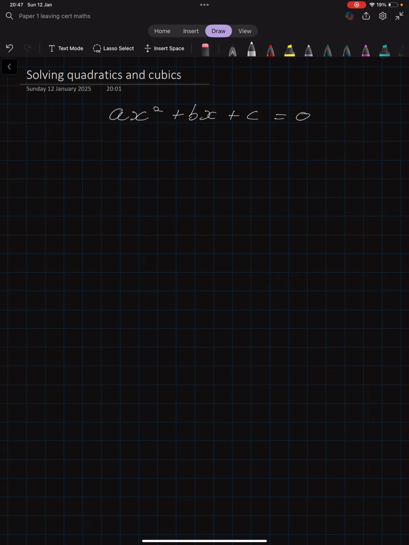It's called completing the square. I'll just do it in pink, just to prove that these two lines are indeed equal.